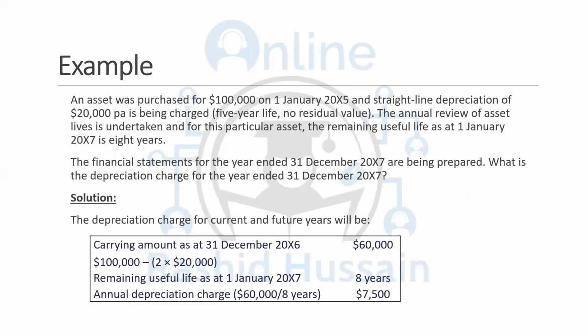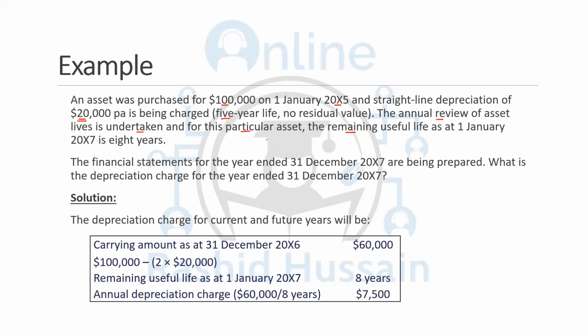We have an example. An asset was purchased for $100,000 on 1st January 2005, with straight line depreciation. We know in straight line depreciation we charge the depreciation on the cost. So life was 5 years, 100,000 divided by 5 gives you 20,000 per annum. The annual review of the asset lives is undertaken for this particular asset.